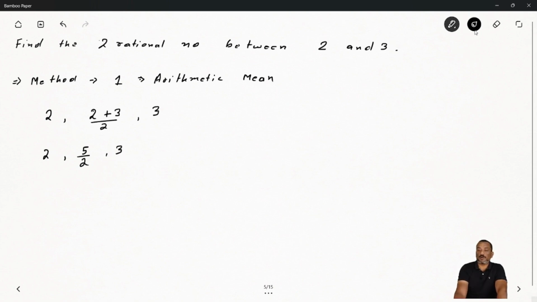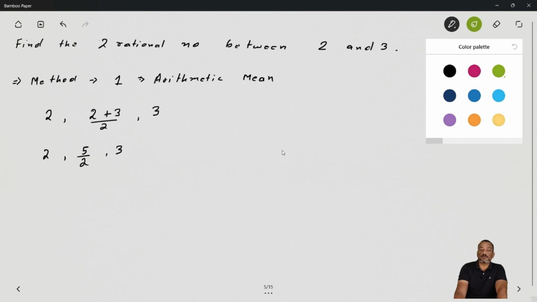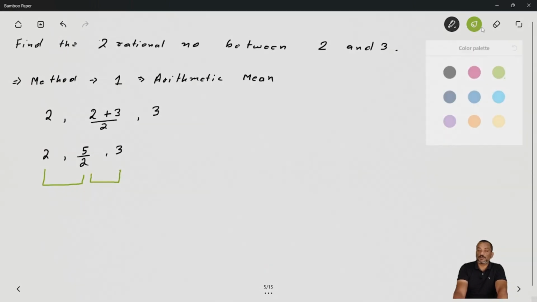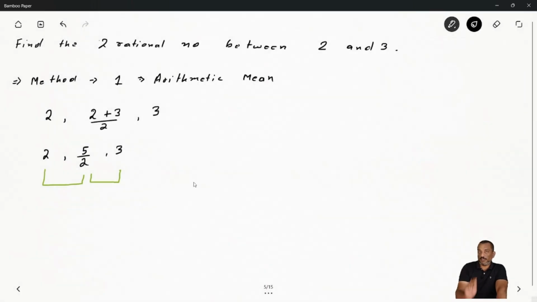Suppose now you have to find another rational number between 2 and 5 over 2, and a third one between 5 over 2 and 3. So again you will take the arithmetic mean of 2 and 5 over 2, and then for the third one take the arithmetic mean of 5 over 2 plus 3.